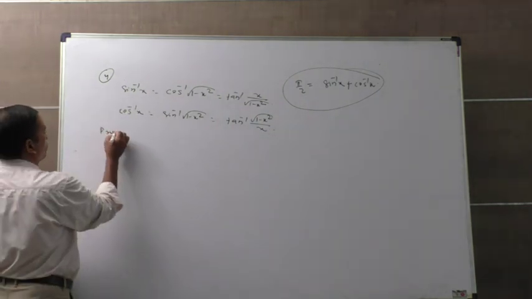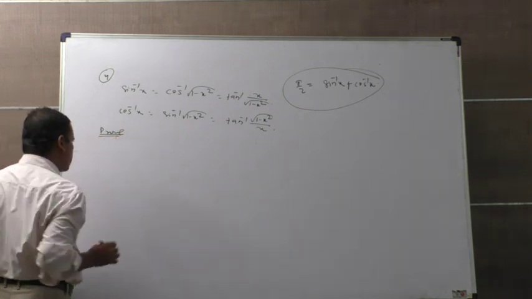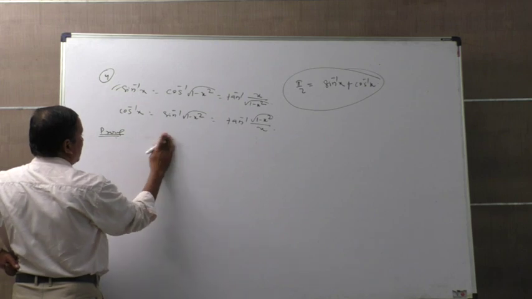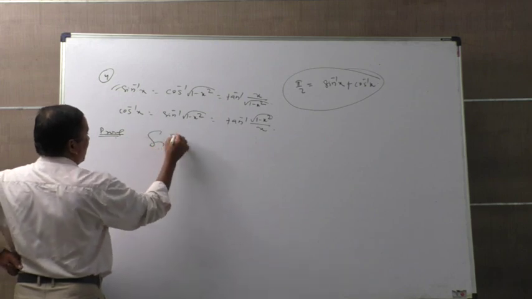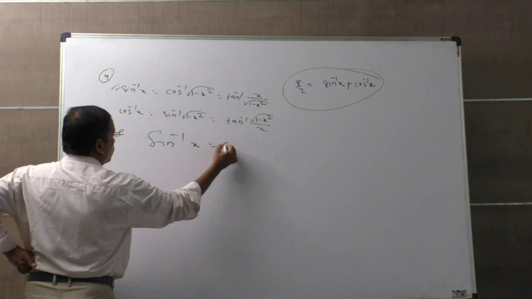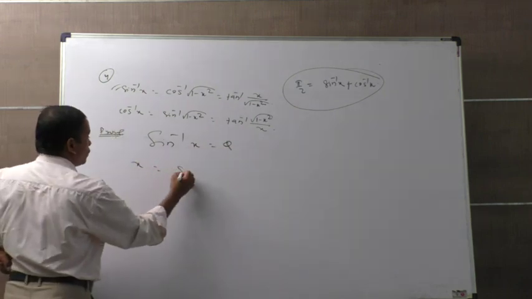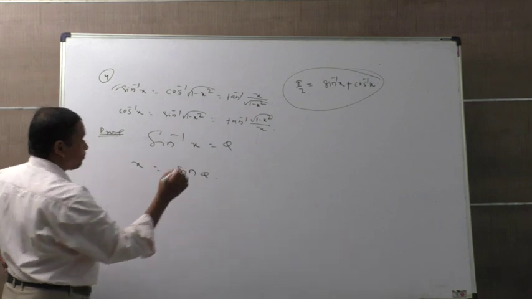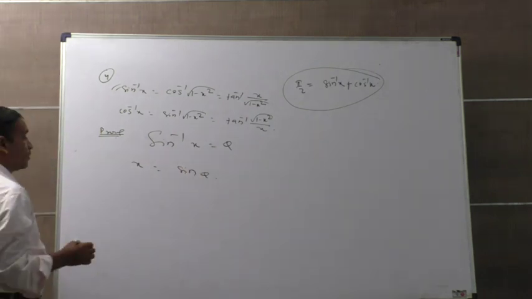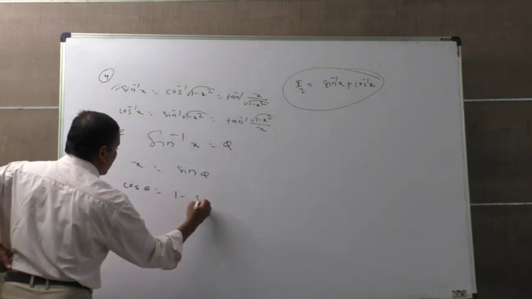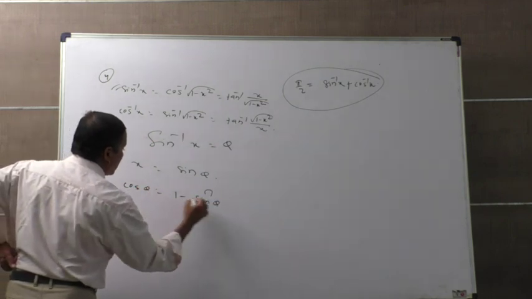Now come to the proof. Let sin inverse x be equal to theta, so that x is equal to sin theta. We have x is sin theta. Now what is cos theta? We know cos theta is root of 1 minus sin square theta.